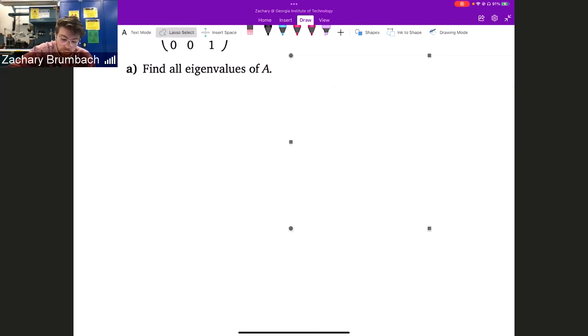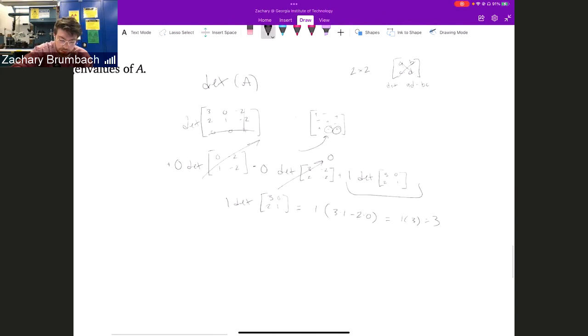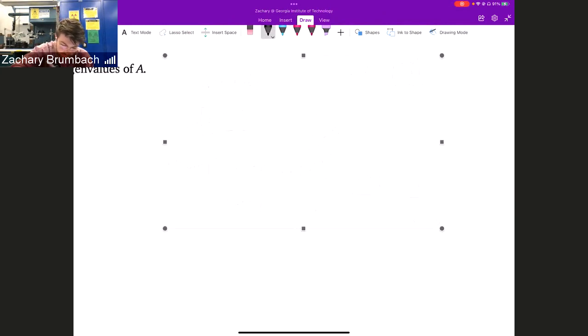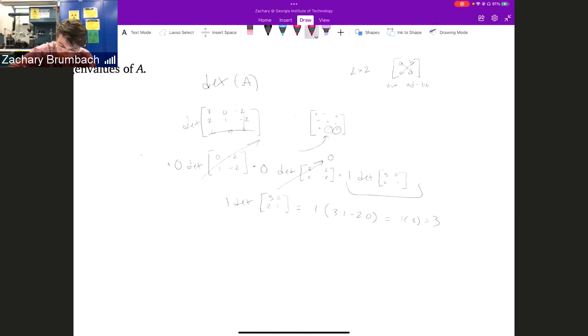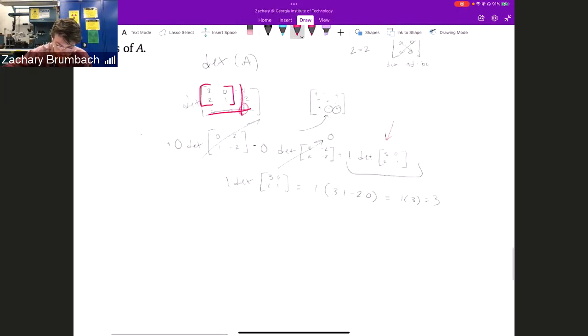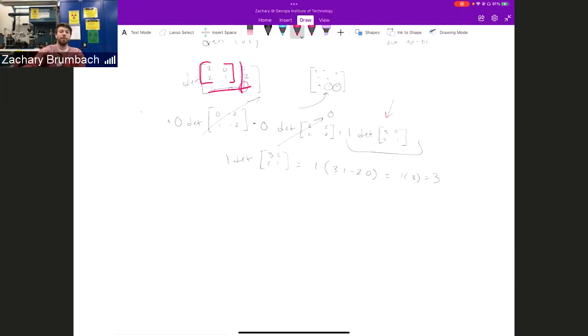Minor just means the smaller matrix. So for this case over here, we had our 1 here, and our minor is everything without it. This is our minor matrix, essentially. If it's a bigger matrix, like a 4 by 4, these would be 3 by 3 matrices, and you have to do the same thing again.